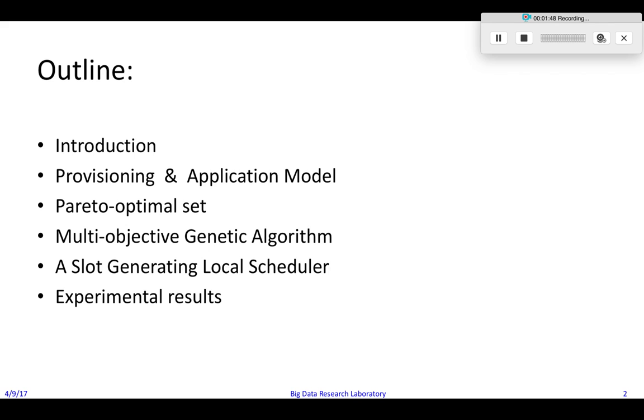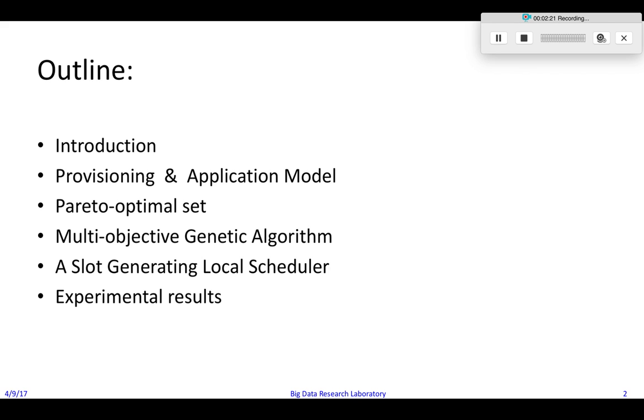The paper wants to minimize the cost and the makespan at the same time. So this problem can be treated as a multi-objective problem. It's very easy to know that this kind of problem can be solved with the multi-objective genetic algorithm.